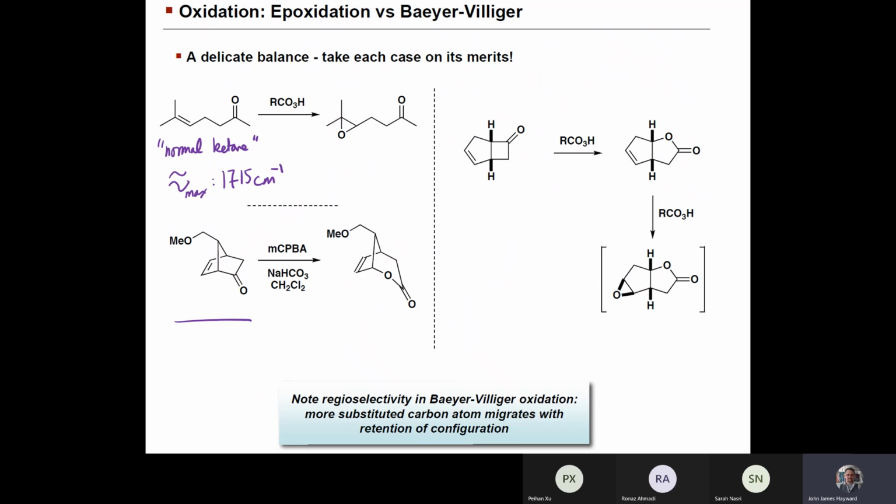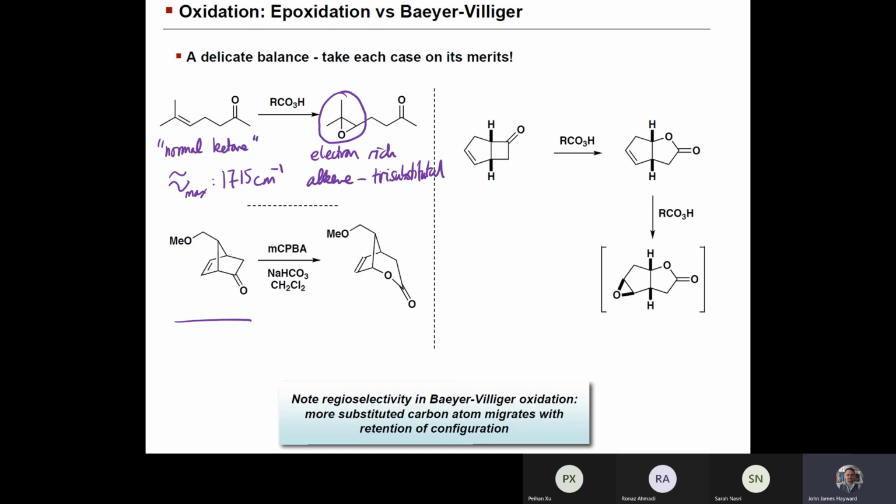And what we find is that when we have a normal ketone and an electron-rich alkene, and it's electron-rich because it is tri-substituted, then in actual fact, we get the epoxide.